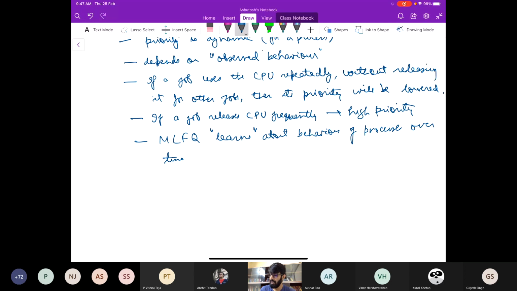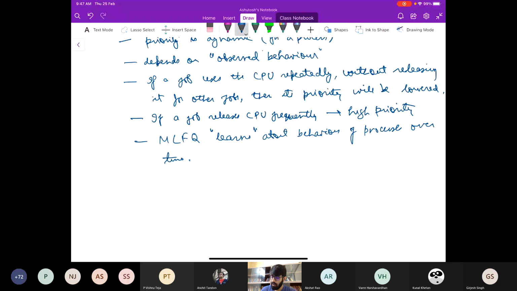So let's just see a very simple example of how the structure looks. Just like in the book, I will denote the queues with higher numbers as higher priority, and the queues with lower numbers as lower priority.